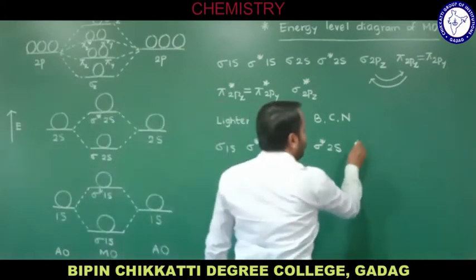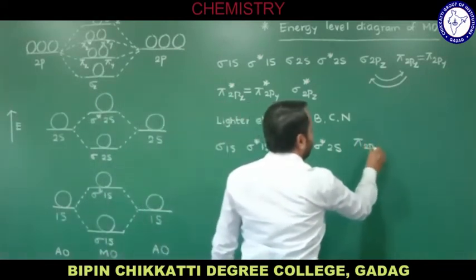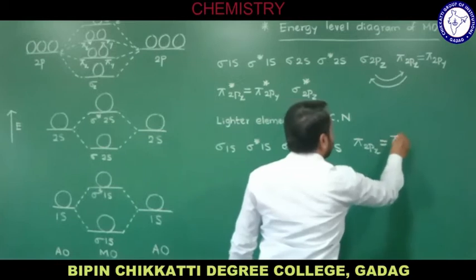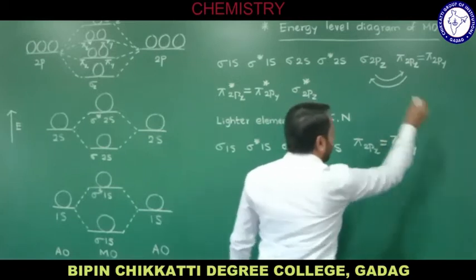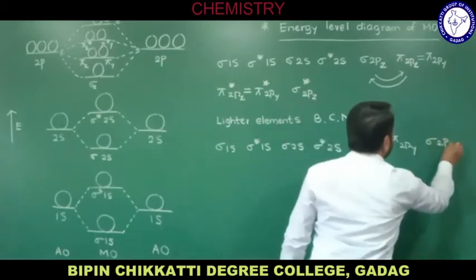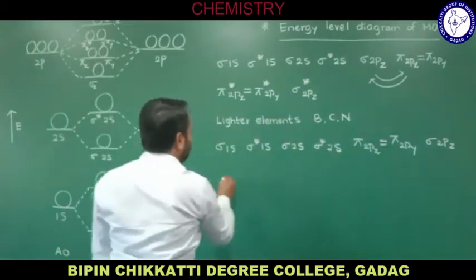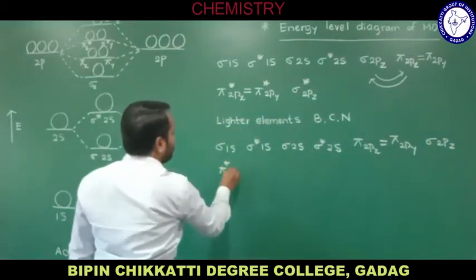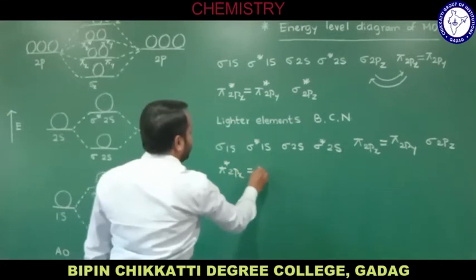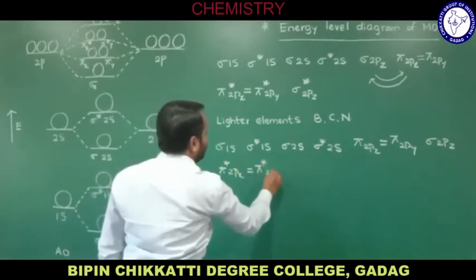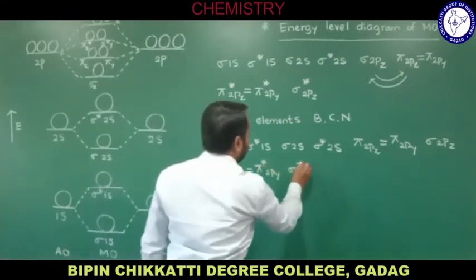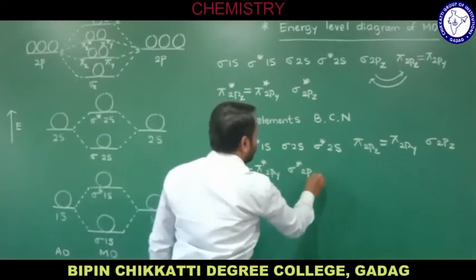Therefore first we need to consider pi 2px, and it has the same energy as pi 2py. Later you need to consider sigma 2pz, and the remaining will be as it is: pi star 2px, and the energy will be same as pi star 2py, and later we have sigma star 2pz.